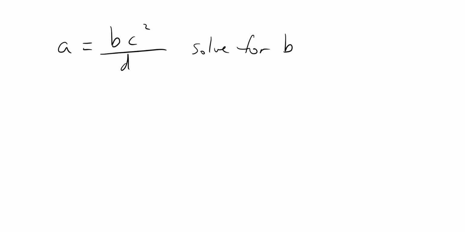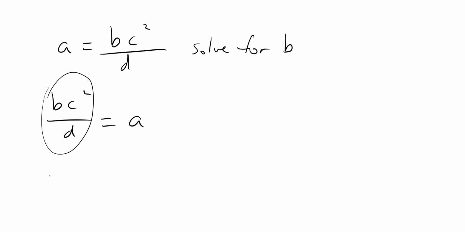So I'm going to move, again, bc squared over d, and then set that equal to a. Right, just move the variable you're solving for to the left-hand side. And then here's the deal. It looks a little complicated, but this actually is really just saying c squared over d times b equals a. That's all it is. I mean, it's really b times c squared.